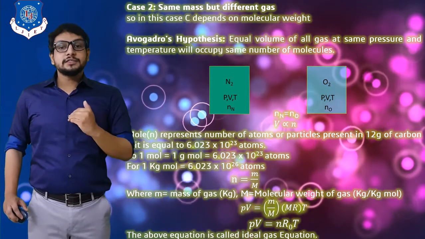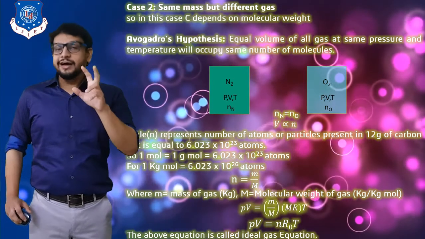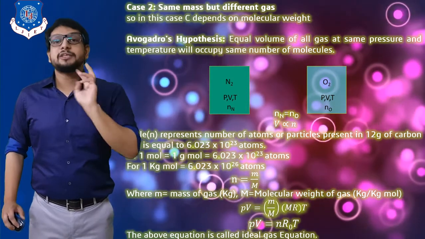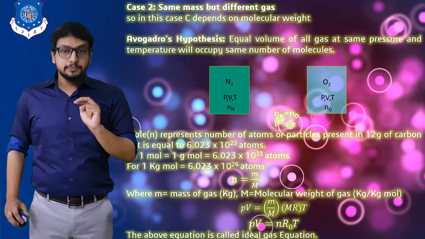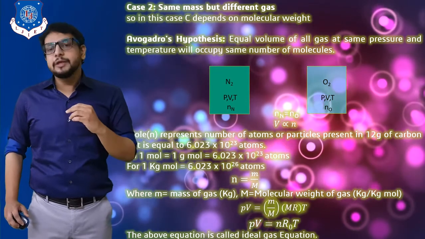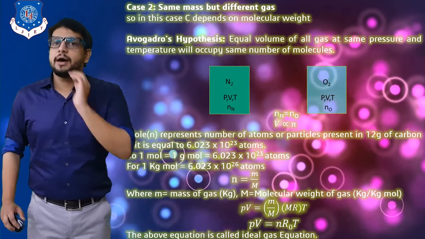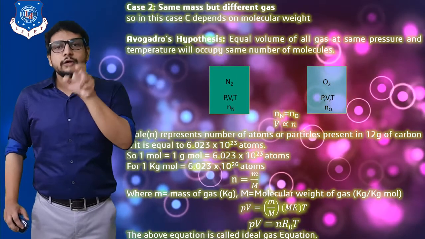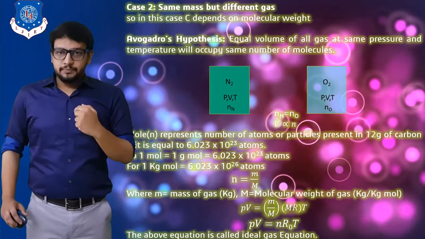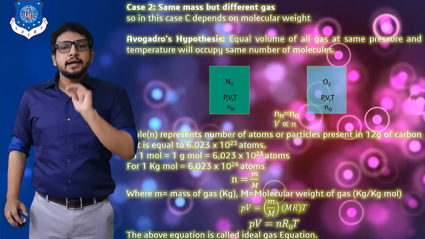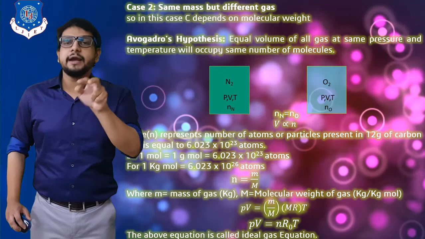Now, further seeing our equation, our target is clear. We need to bring molecular weight into our equation. We have already derived the previous equation, our characteristic gas equation, PV is equal to mRT. Now we need to form V is proportional to N in this equation. So I have multiplied and divided by capital M in our characteristic gas equation.